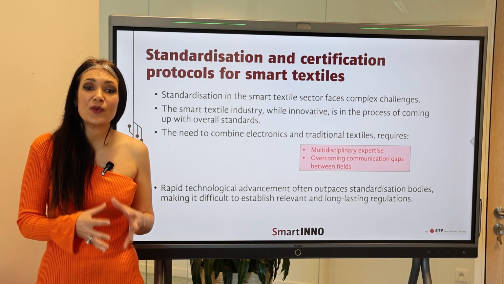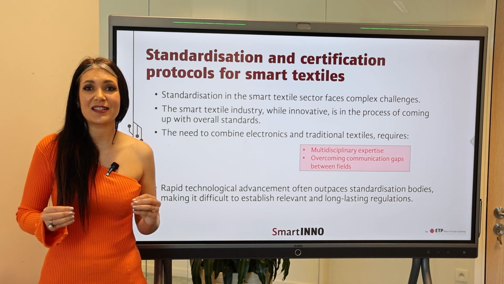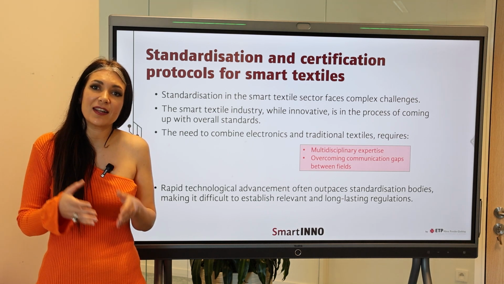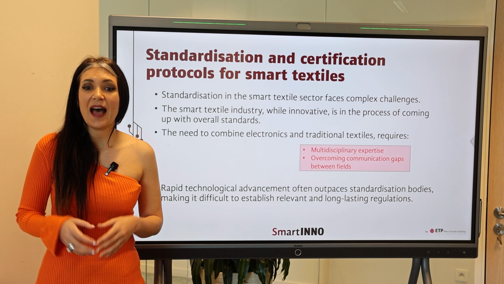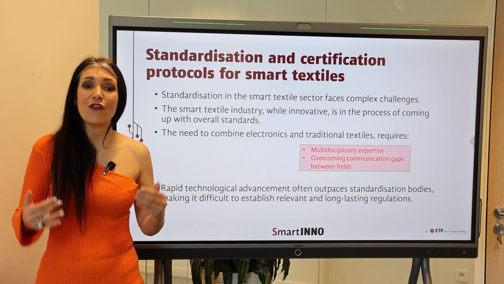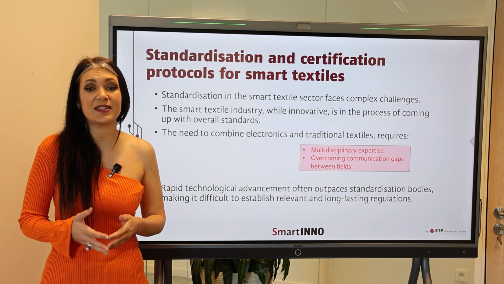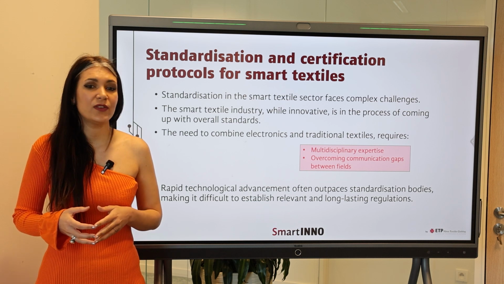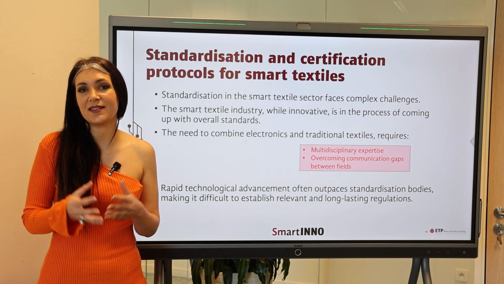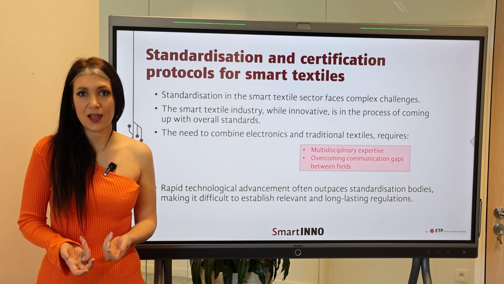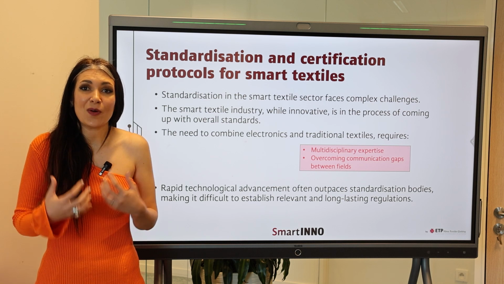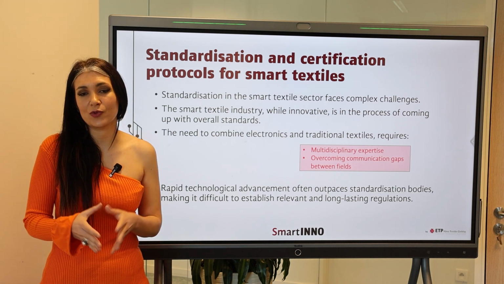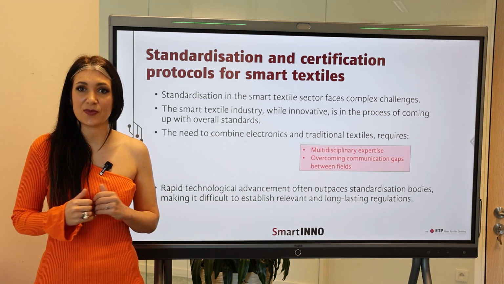Smart textiles blur the line between textiles and electronics, making it really difficult to apply current existing regulations. And the fast pace of innovation often outpaces the ability of standardization bodies to catch up. The result: we don't yet have a common global standard for smart textiles. Normally, it's the companies that try to balance the two standardization rules, and they are taking all the responsibility.